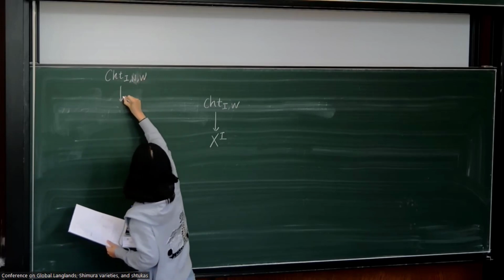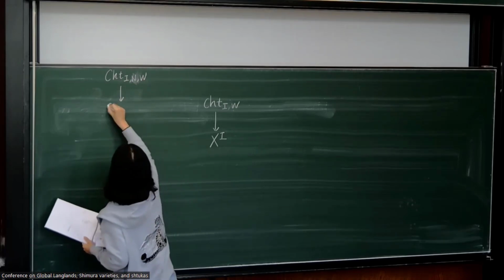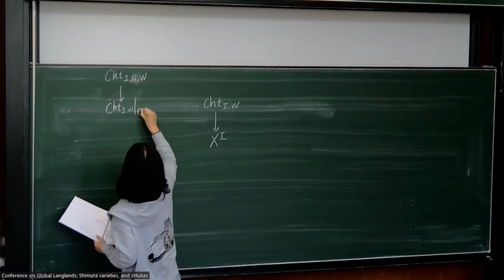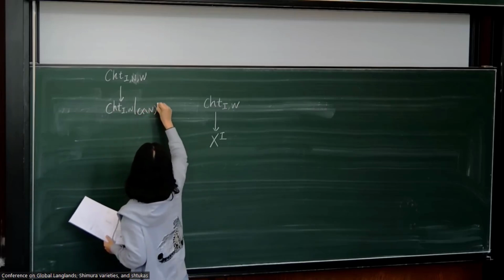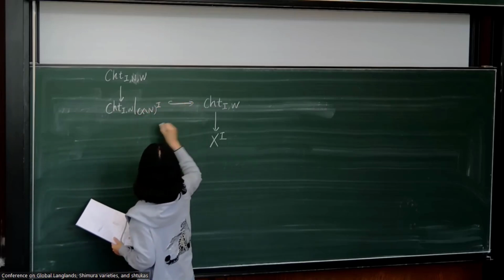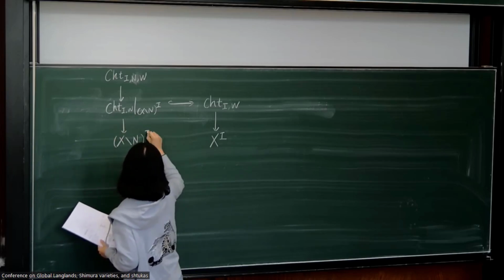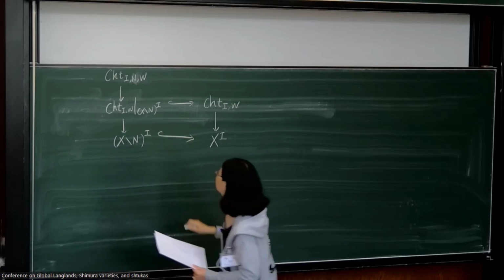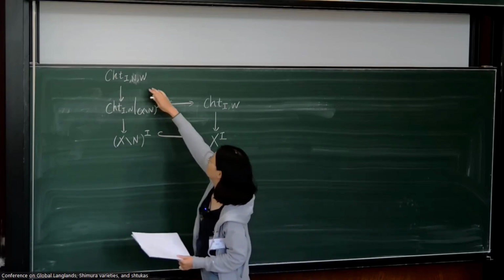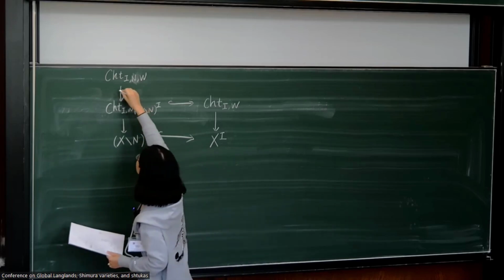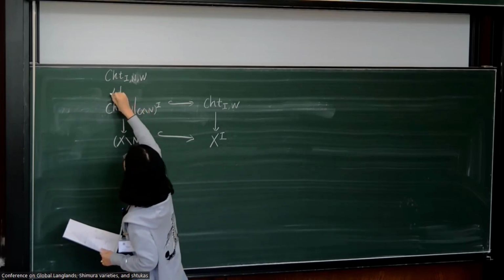It is over X minus N. We have a map like this. So this is only over outside the level. We call this map alpha.